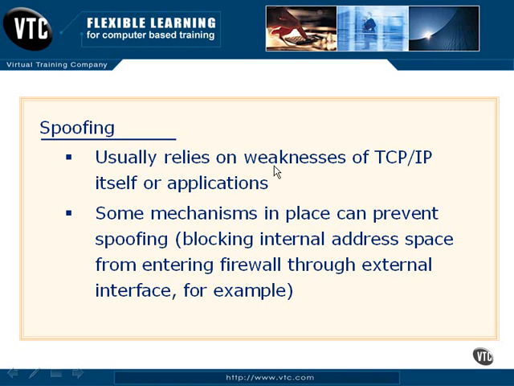An example of this would be the common configuration of blocking internal address space access from entering the firewall through the external interface. And the reason that this is a commonly adhered to practice is because back in the early and mid-90s, firewalls would basically stop everything except for internal traffic.